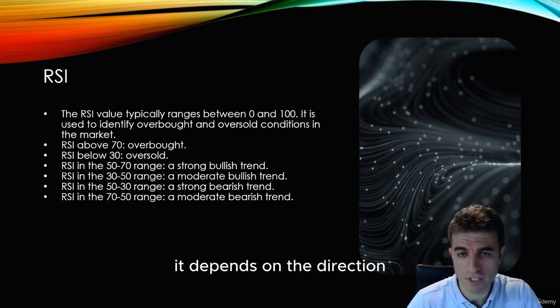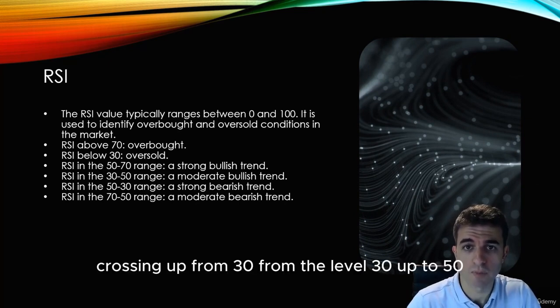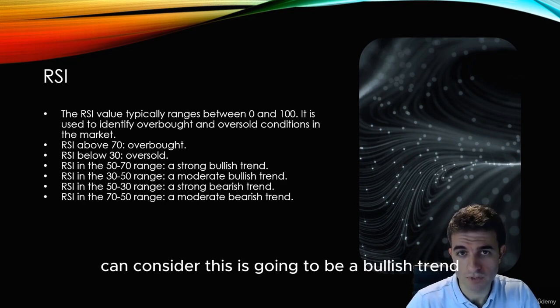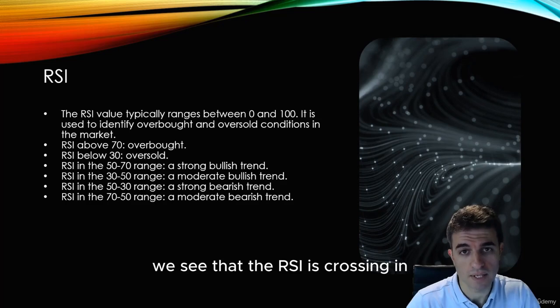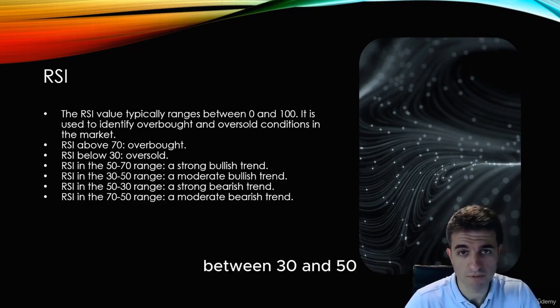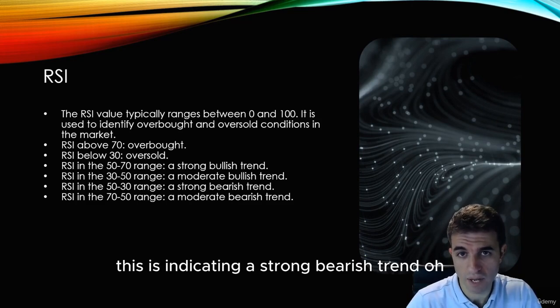It depends on the direction and the slope of the RSI, how it's changing. If we can see, for example, the RSI crossing up from the level 30 up to 50 steadily, then we can consider this is going to be a bullish trend. If we see that the RSI is crossing in the opposite direction from the 50 to the 30 level, although this is the same range between 30 and 50, in the latter case, from crossing from the upper level to the lower level, this is indicating a strong bearish trend.